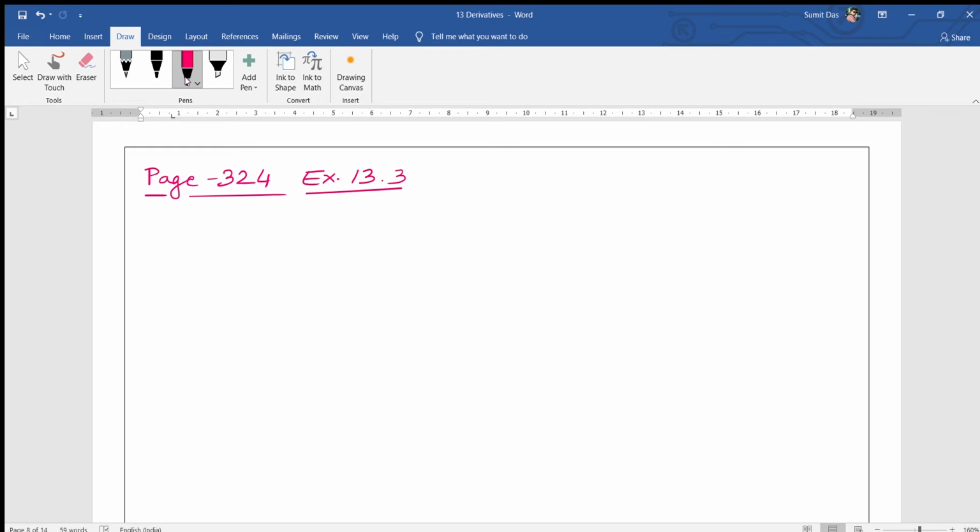Question number 4.2. 4.1 was given as homework. So here, whatever the value will be given, we'll take f(x). We are getting f(x) as (x minus 1)(x minus 2). You can do this question two ways. You can use the product formula, or you can just open the brackets and simplify. As we already learned the product formula, we'll use it here.